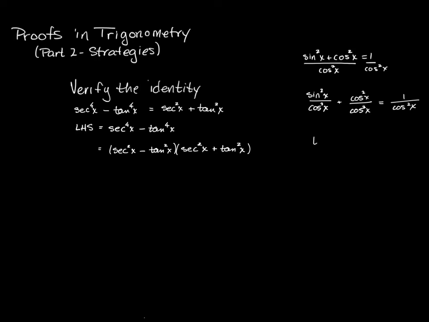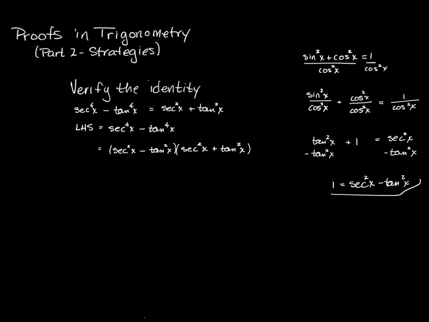And this simplifies to tangent squared of x plus 1 equals secant squared of x. Well, that's very similar to what I have here, but it's not quite in the right form yet. If I want secant squared of x minus tangent squared of x, then I need to subtract tangent squared of x from both sides, which gives me 1 equals the secant squared of x minus tangent squared of x.